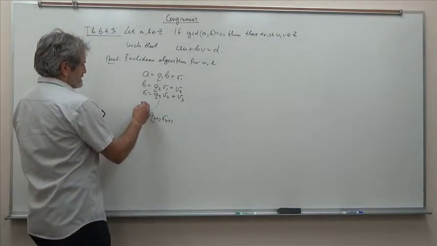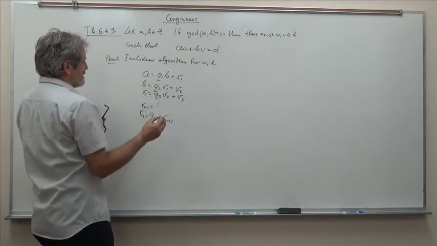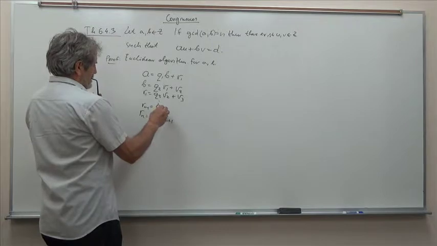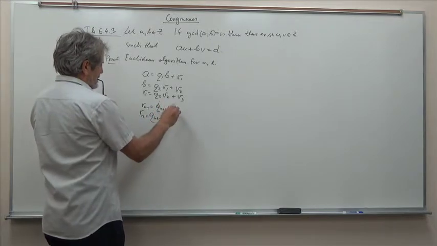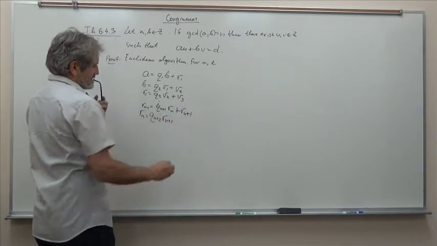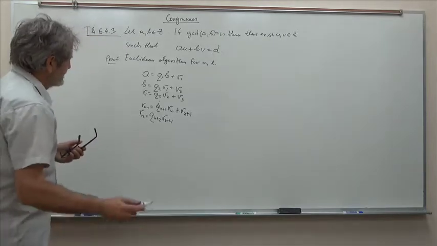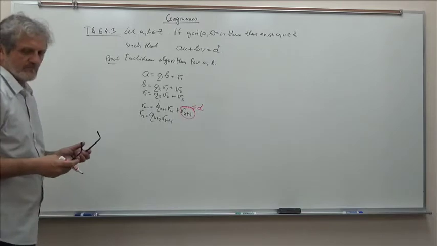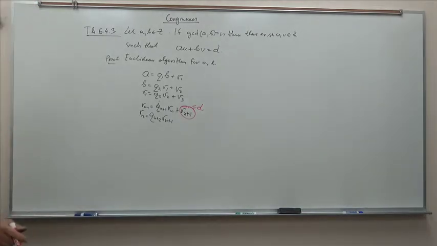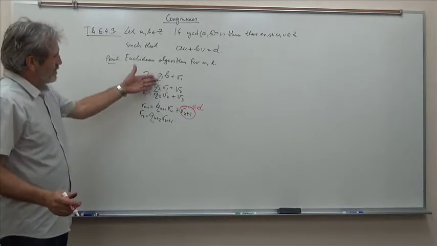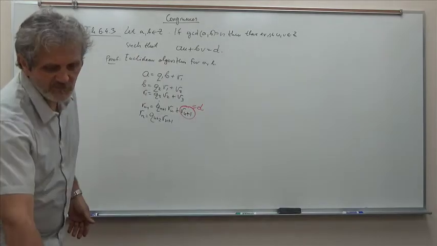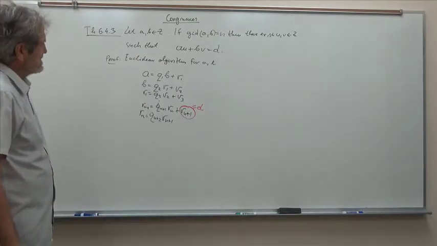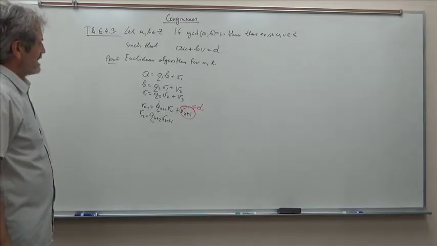So the previous line is what? R(n-1) equals Q(n+1) Rn plus R(n+1), and remember the last non-zero remainder, that's your D. So generally, a real proof would go by induction on n, but let me give you a procedure that actually shows what's really happening, and basically that's the induction step.